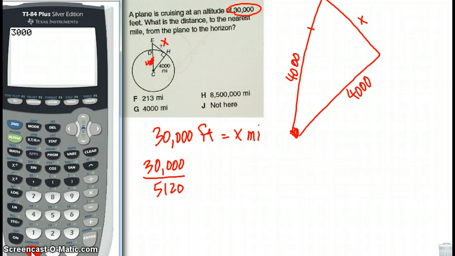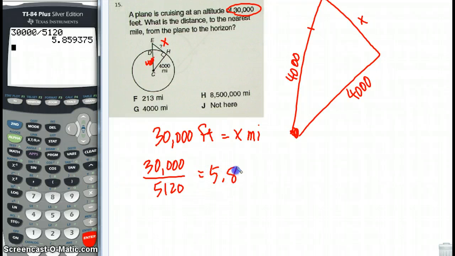There it is. Divided by 5120 equals. All right. So that's the number of miles that the plane was flying. Let's not round it off. Let's try to keep as much as we can because we're going to do further calculations. And so this is 5.8, blah, blah, blah.